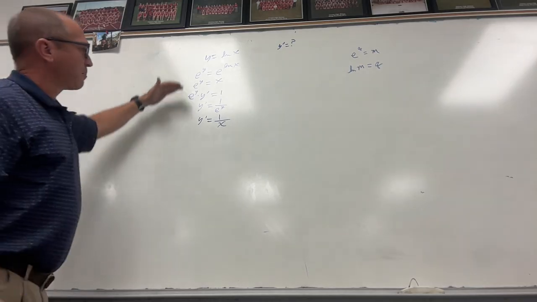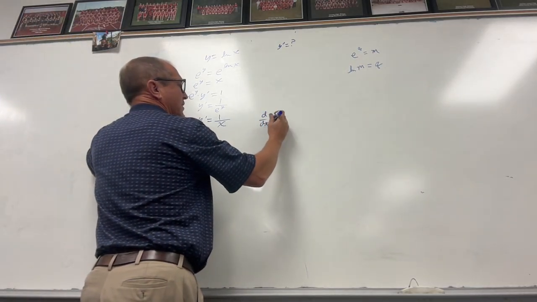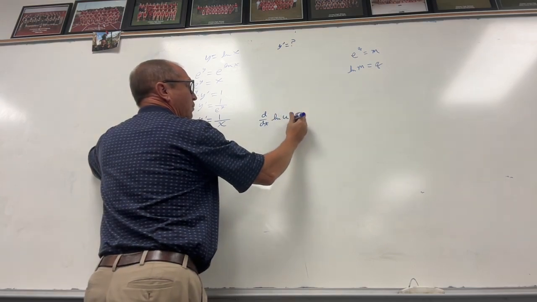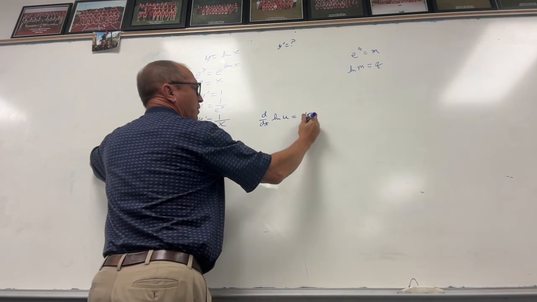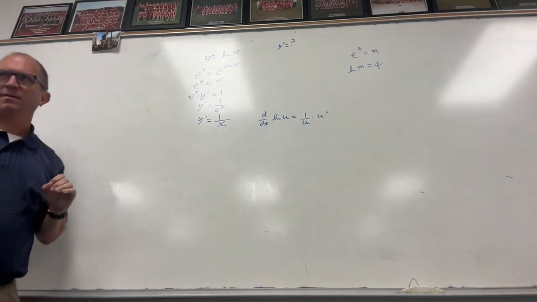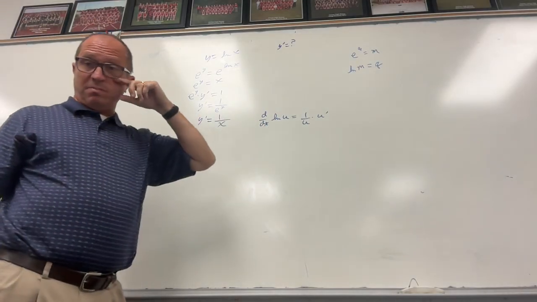So now let's think about this as far as our derivatives are concerned. d dx of the natural log of u is 1 over u times u prime. The 1 over u comes from this, so it's 1 over u times u prime.